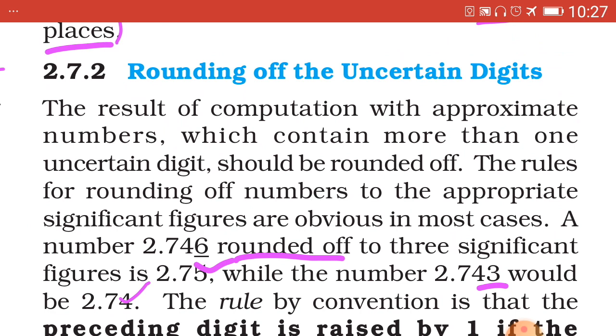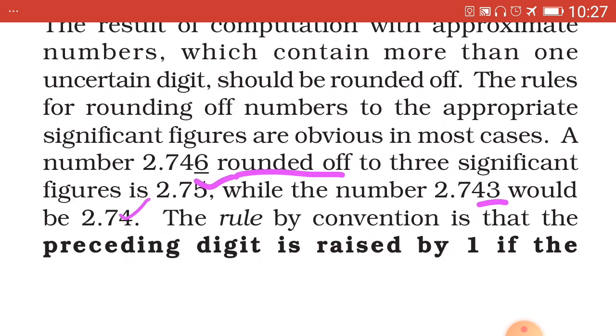Add 1 to 4. While if we consider the number 2.743, up to 2 decimals it would be 2.74, because 3 has to be eliminated, because it is not greater than 5, it is less than 5.